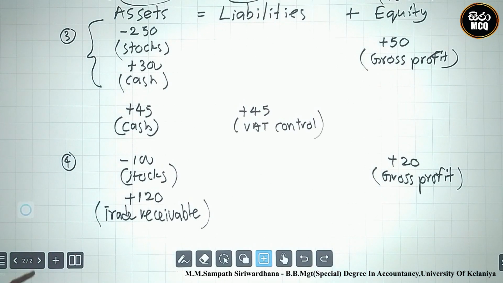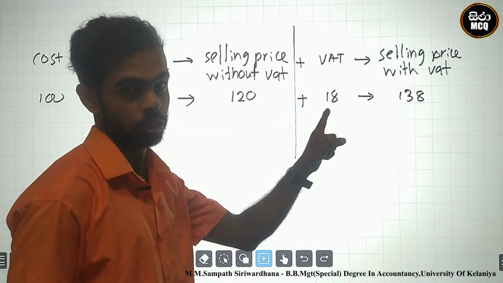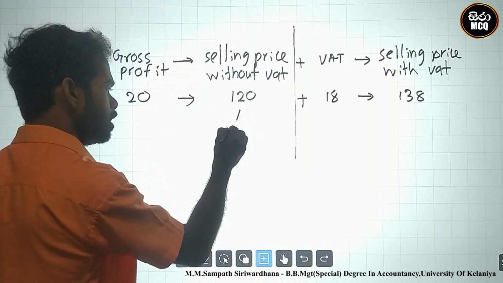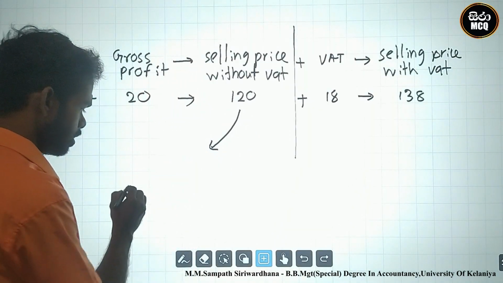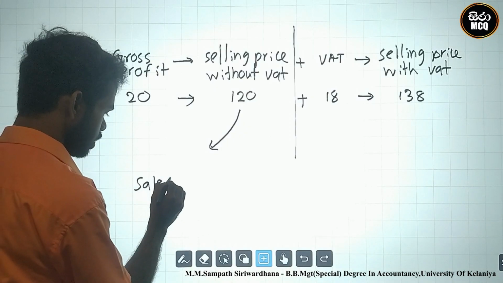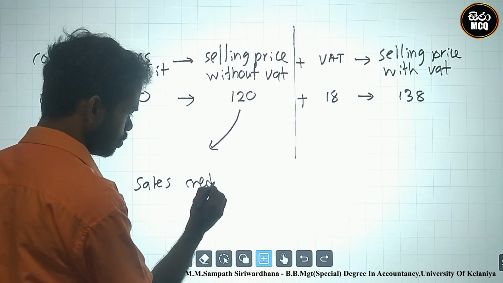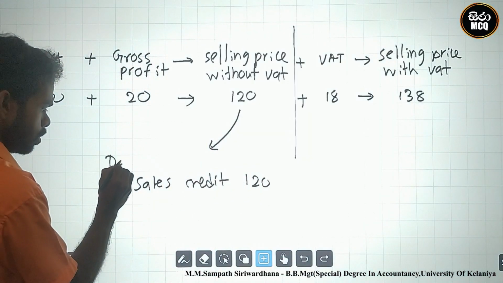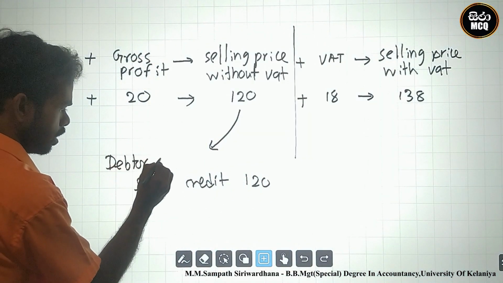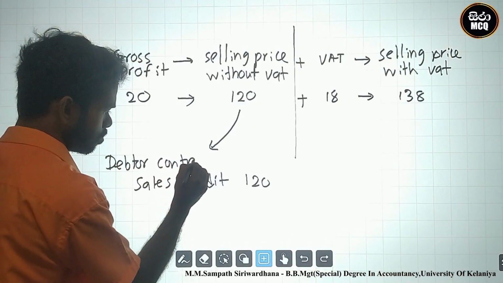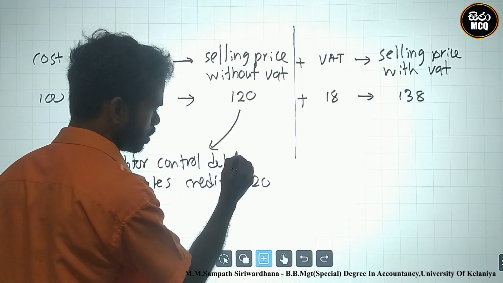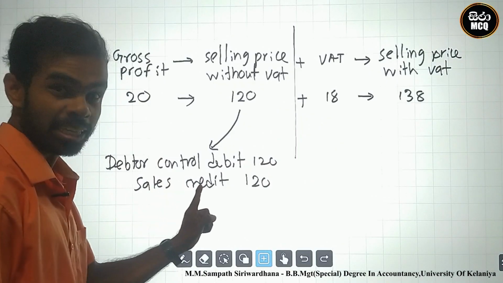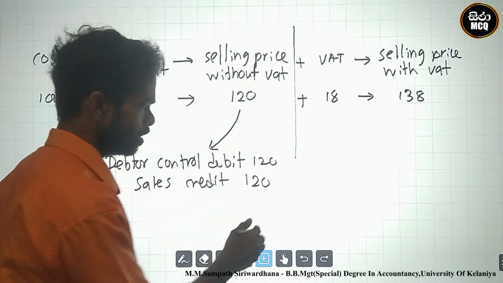After that, we must identify the VAT amount. Okay, VAT amount. What is the double entry for the VAT amount? What is the double entry for credit sales? Sales credit 120, debit to debtor control, debit 120. What is the double entry for VAT? Sales credit, no, VAT must be credit.